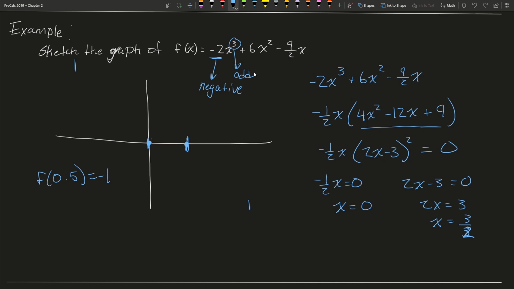So all of the points between this 0 and this 0 have to be below the x-axis, which means this point, it'll come up kind of like that. So if we graph this using what we know, we start up top, go to the 0, go negative, come back up, but then go right back down. So this is just a rough general sketch using the tools that we've just gone over.